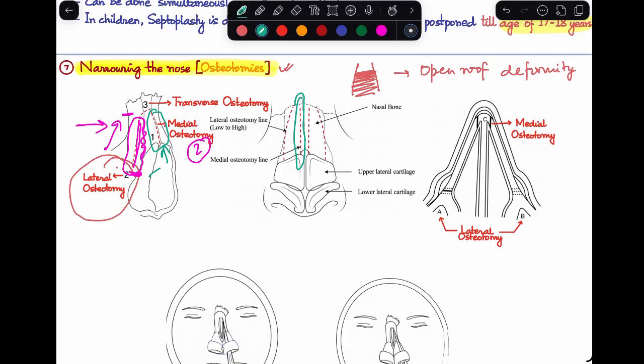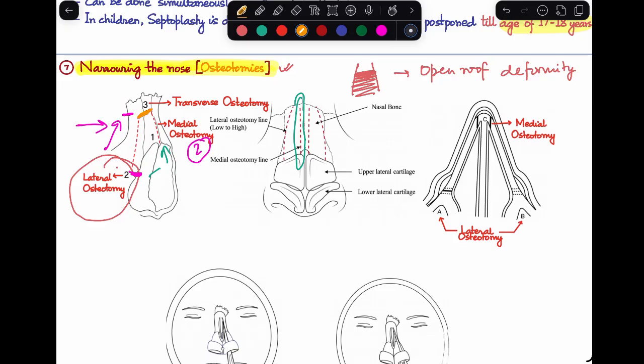And our third type is the transverse osteotomy. If you look here, this is a transverse osteotomy cut. As the name itself suggests, the cut that we are making over here is a horizontal cut, made across the top of the nasal bone. And transverse osteotomy will act as your upper limit of the bone movement.